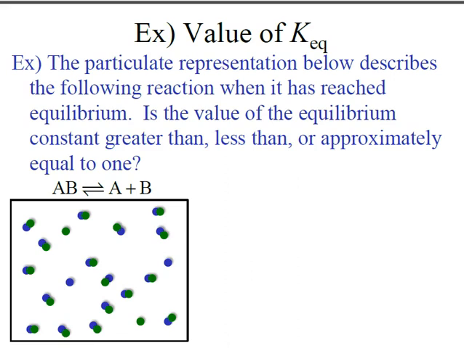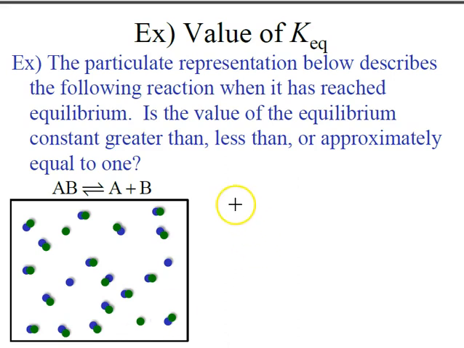Here is an example of a particle representation of a reaction of AB going to A and B. And they say that the container that we're seeing is at equilibrium. The question is, is the equilibrium constant greater than, less than, or approximately equal to 1?